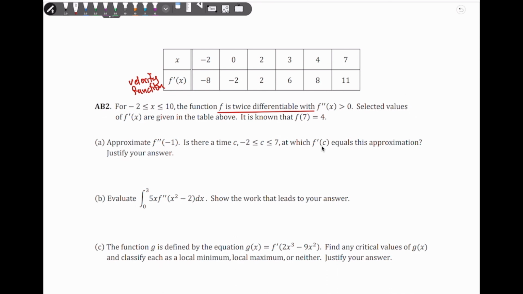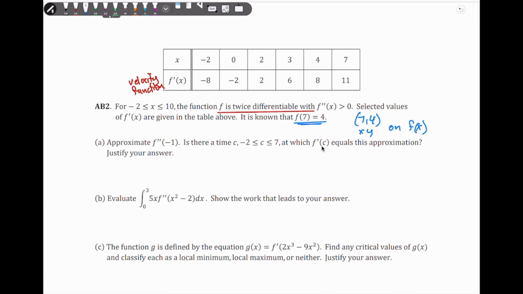Selected values of f prime of x are given in the table above, and it is known that f of 7, aka our initial value that we will see at a later time, has input 7 and output 4.